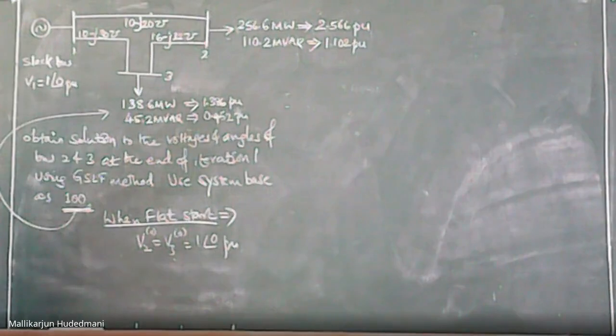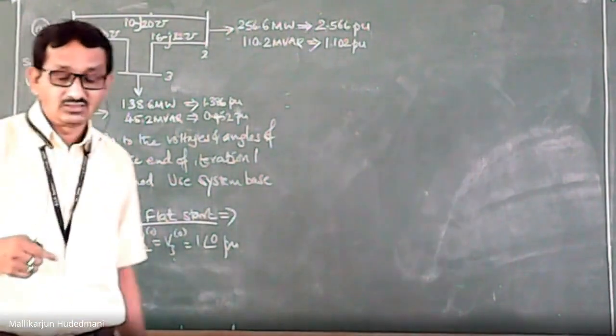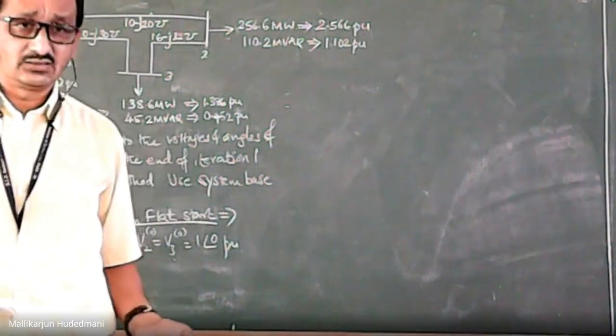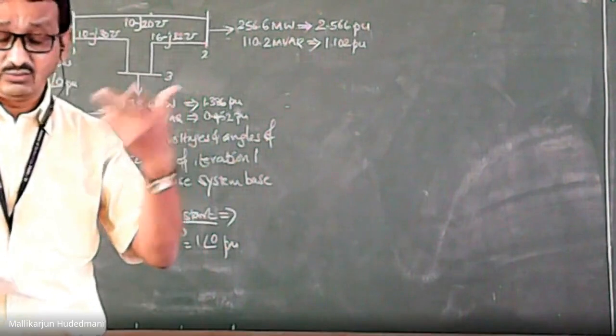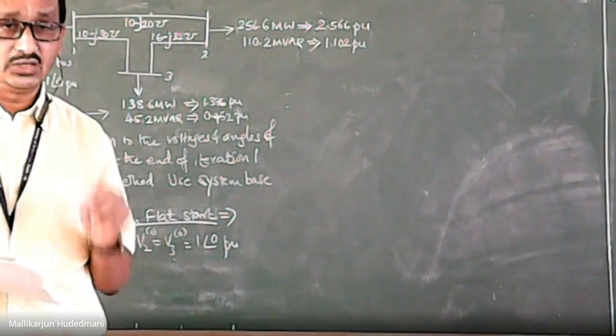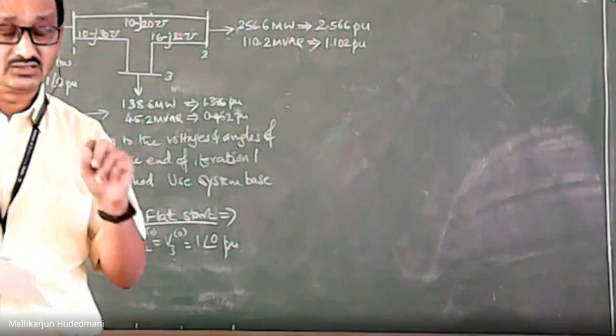That's the first thing. Once I do this, I have to frame Y bus. Because you might ask me, why do you require Y bus? I can do it visually by looking at it. No. In the process of the load flow calculation, you have been allotted some specific marks for the Y bus itself.